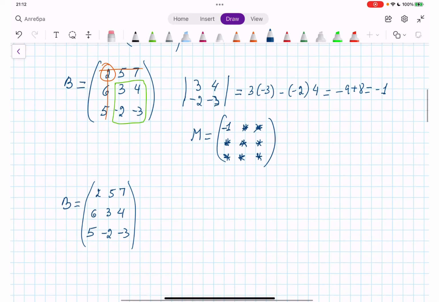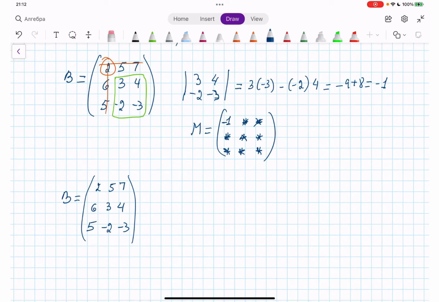As you may realize, there are 9 2 by 2 determinants that need to be computed. The process is of course time consuming, but this case is not the most difficult. It can get worse if we take much larger matrices. To consolidate, I'm going to find one more minor.